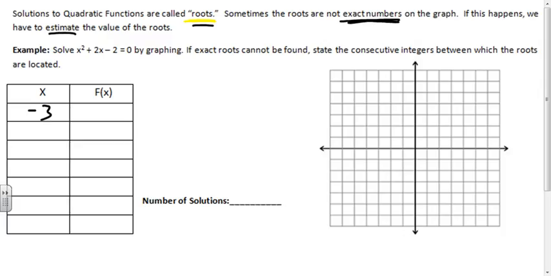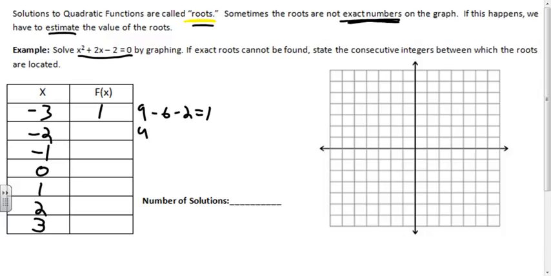To show this, we are going to use one quick example here. Again, we set up our table of values for our function x squared plus 2x minus 2 equals 0. Negative 3 squared becomes 9, plus 2 times negative 3 is negative 6, and minus 2 leaves us with a 1.